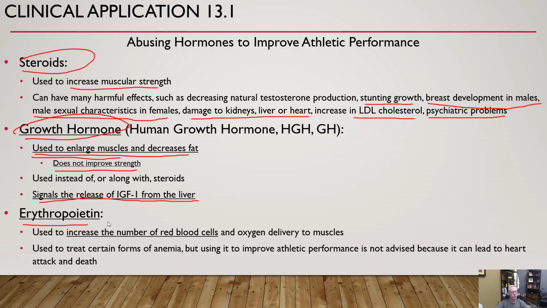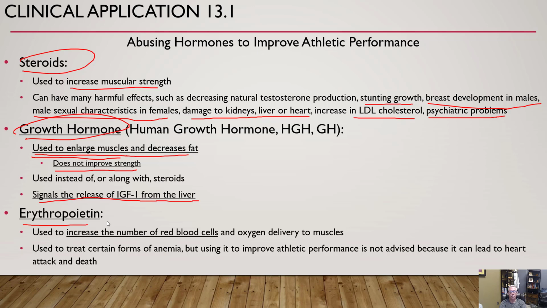Erythropoietin is the hormone that will increase the number of red blood cells. So when we talk about anemia, which is basically a deficiency of red blood cells, the hormone erythropoietin will get produced and will stimulate the bone marrow to produce red blood cells. And we have this in medication form. There are different forms of medication, but Epogen is one of them.